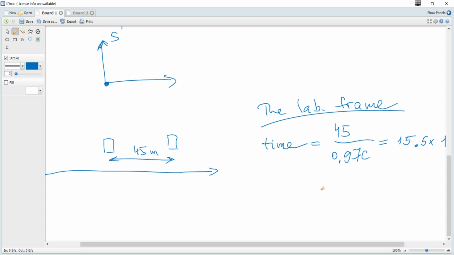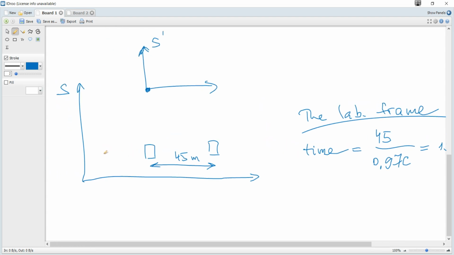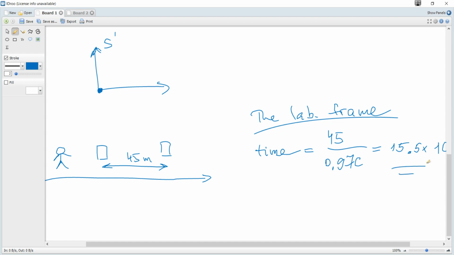But notice that the observer on the Earth, when he watches a particle which passes between two detectors, will watch slow motion, and this time measured on the Earth will be dilated time. But we need time with respect to the particle, which means in the frame where the particle is stationary.